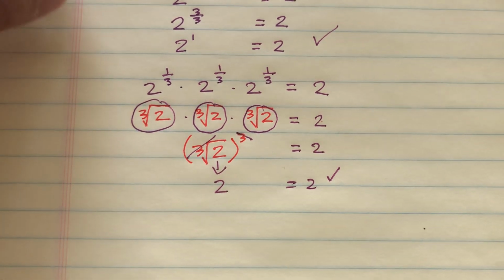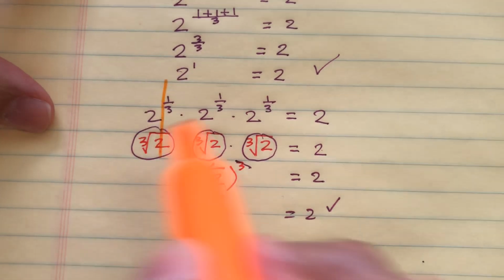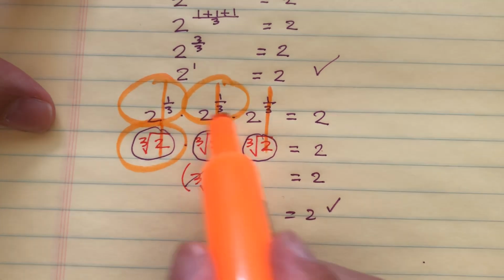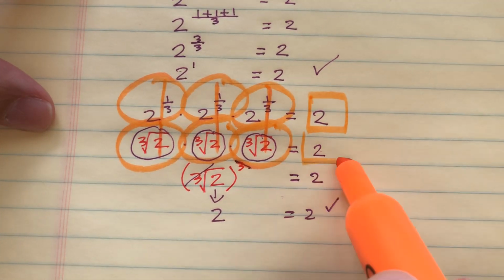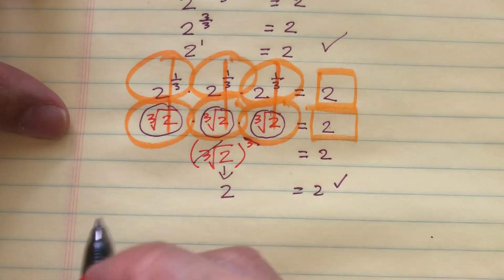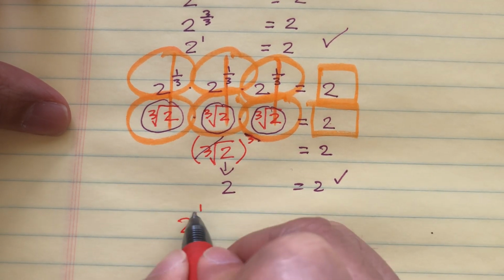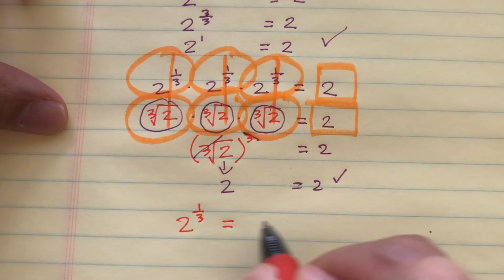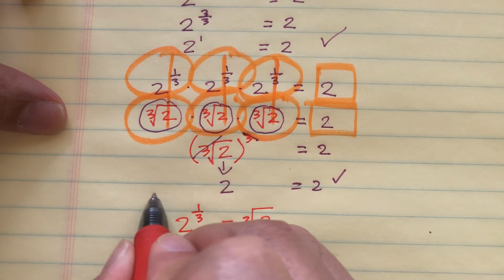These numbers must be the same number: this must be the same as that, and this the same as that, which is why we got the same results, 2 and 2. This concludes that 2 to the 1/3 is exactly equal to the cube root of 2.